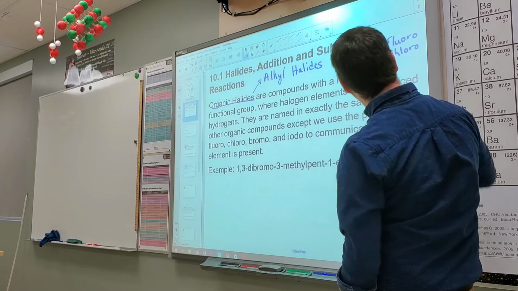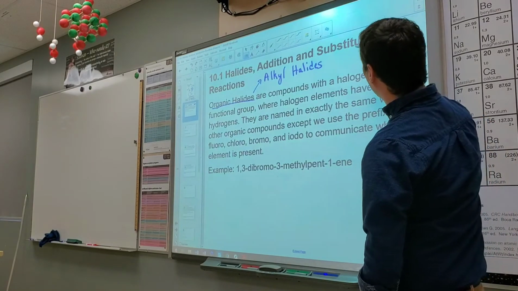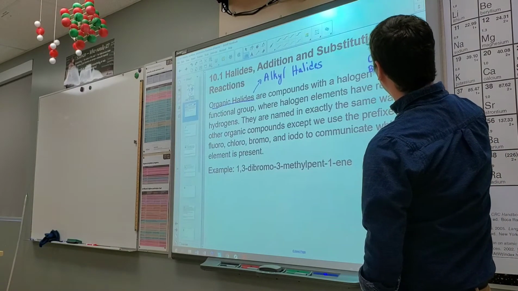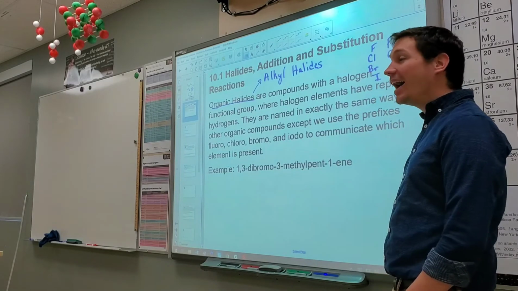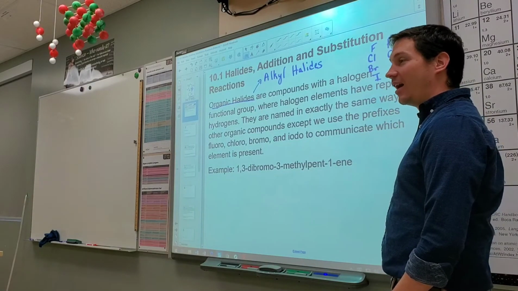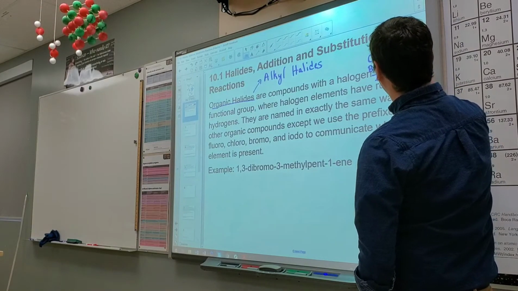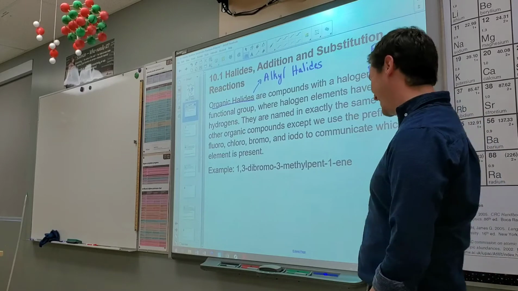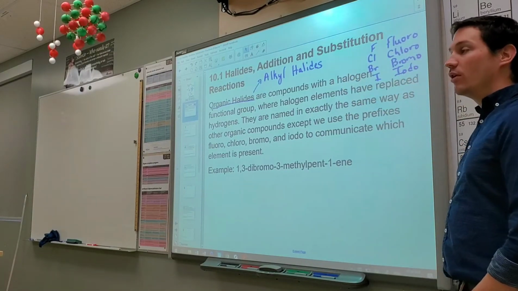What is a Br? Bromo. And this one's the toughest one. Iodo. Good, yeah. So iodo, bromo, chloro, and fluoro.